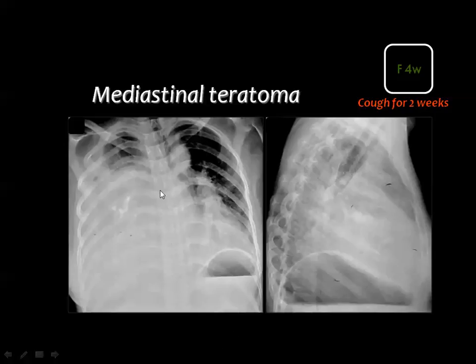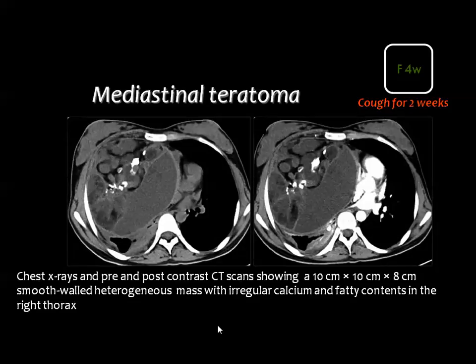In the chest X-ray, you can see a big opacity here, and you see gross areas of calcification within this opacity. The CT scan before and after contrast enhancement showed the three components of teratoma: fluid, fat, and calcium.